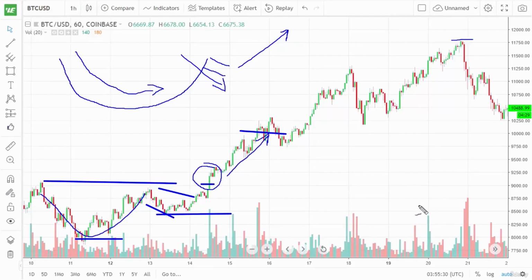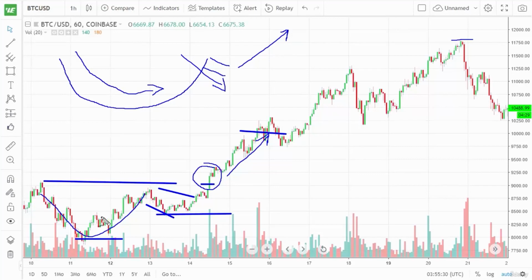Cup and handle is a pattern that matters more on higher time frames, but the cryptocurrency world is fairly new, so you don't see this a lot, say, on the daily and certainly not on the weekly charts. However, it has its roots in the stock market, where a stock like IBM or some of the other stalwarts like Amazon and Apple certainly conform to these, and these can take place over weeks, if not months.